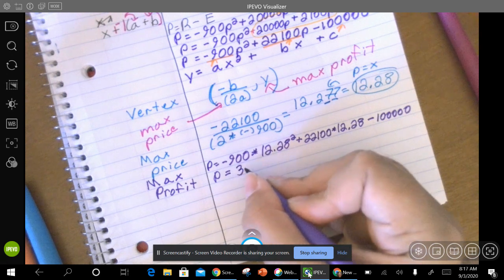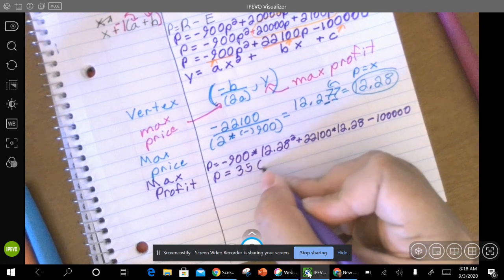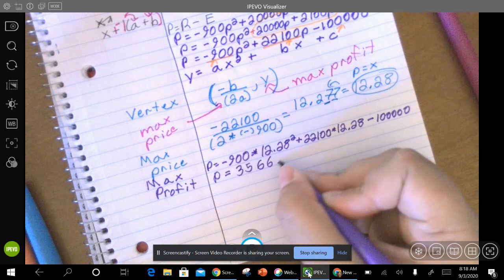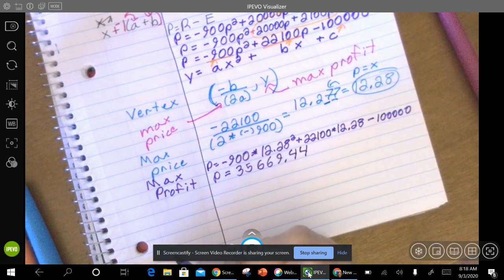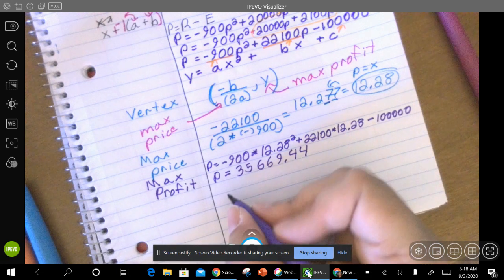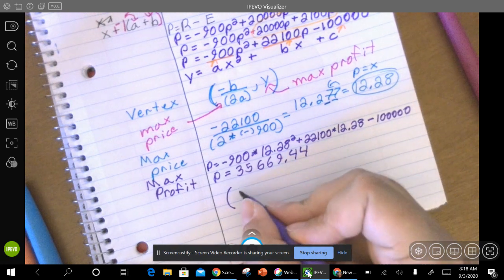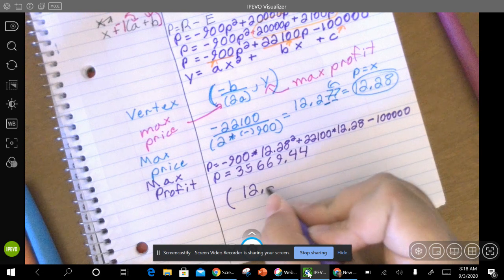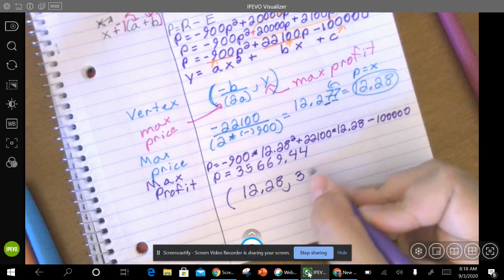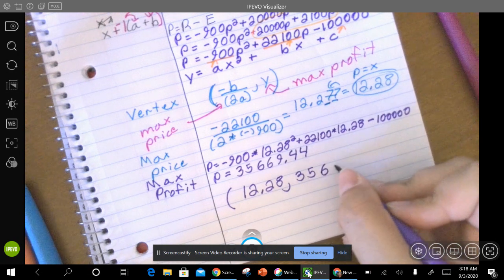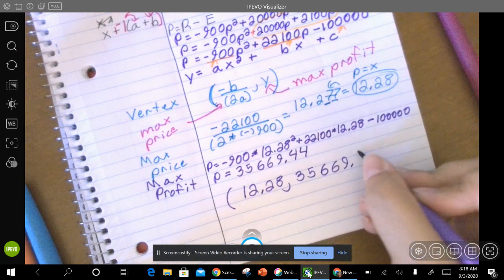Maximum profit I got was $35,669.44. Okay, that's the maximum profit. So if they ask for the coordinates of the vertex, it's $12.28 and then the maximum profit is $35,669.44.